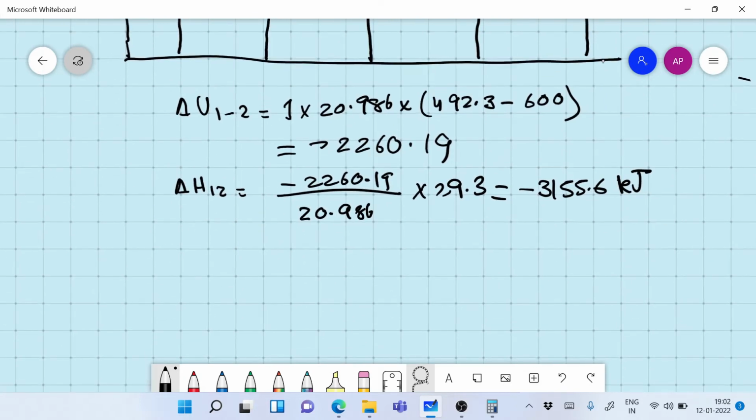Now we apply the first law to process 2-3.